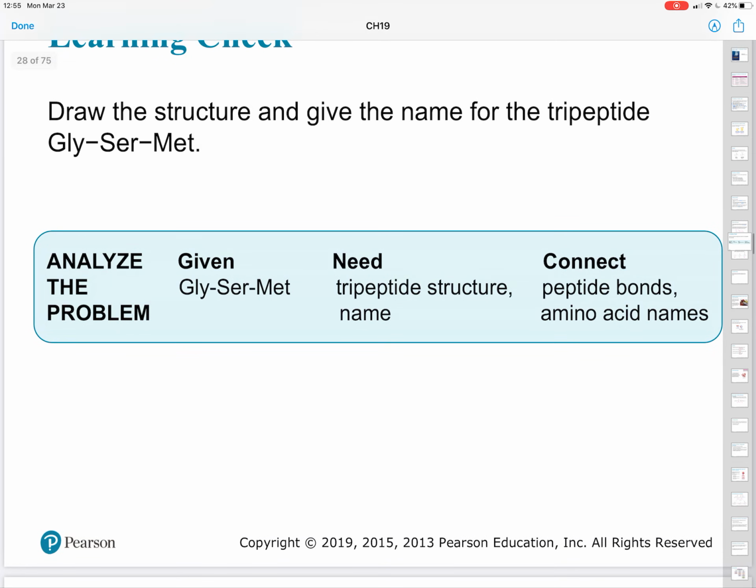All right, draw the structure and give the name for the tripeptide glycyl seryl methionine. You can try that. But I would start just by going NCC, NCC, NCC. You already know what's on these ends.